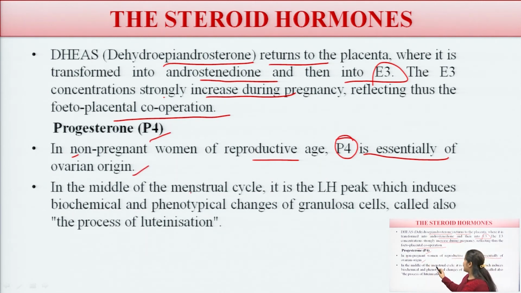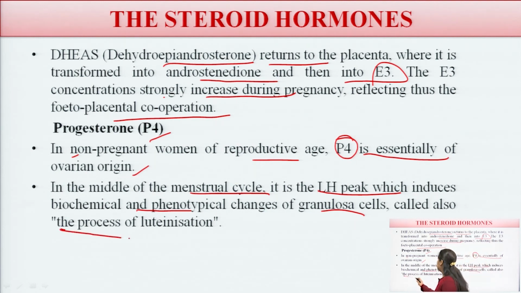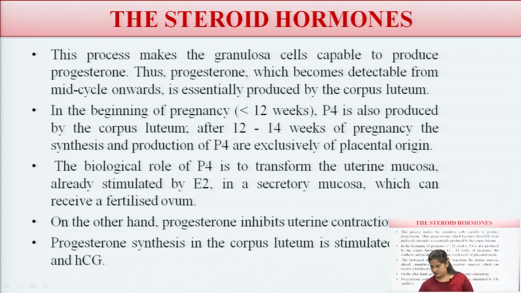In the middle of the menstrual cycle, the LH peak induces biochemical and phenotypical changes of the granulosa cells, called the process of luteinization. This process makes the granulosa cells capable of producing progesterone, which becomes detectable from the mid-cycle onwards.